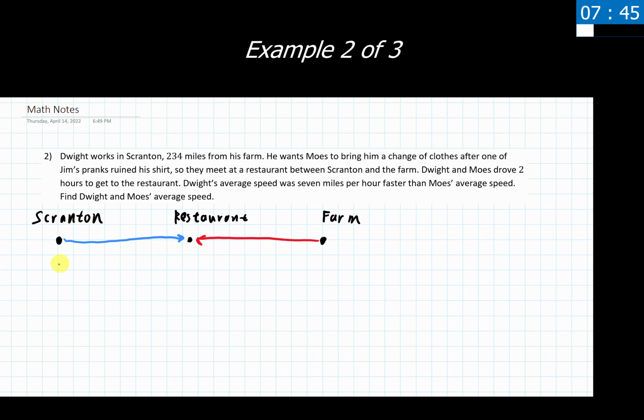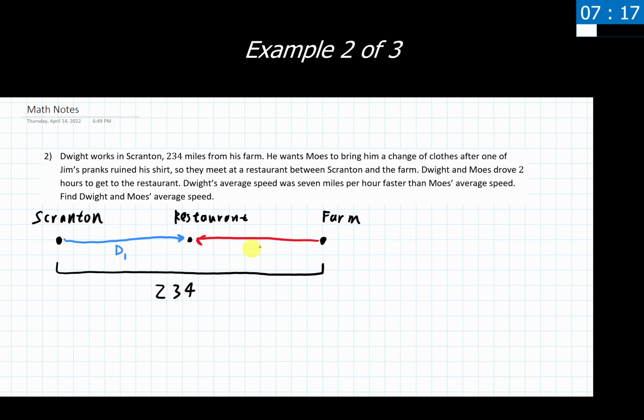What we do know is that the overall distance from Scranton to the farm is indeed 234 miles. This is the way I like to think on it. You don't have to use it this way, but you could if you'd like to. I like to think of it as knowing this distance, whatever it is, is going to be different than this one. So I'm going to label this as distance 1.